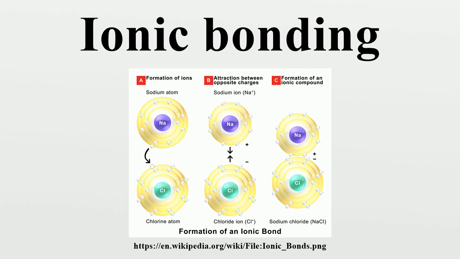Comparison with covalent bonding. In ionic bonding, the atoms are bound by attraction of opposite ions, whereas, in covalent bonding, atoms are bound by sharing electrons to attain stable electron configurations. In covalent bonding, the molecular geometry around each atom is determined by valence shell electron pair repulsion, VSEPR, rules, whereas, in ionic materials, the geometry follows maximum packing rules.